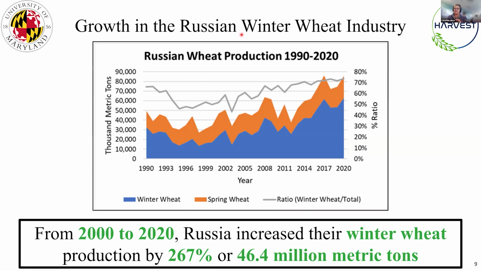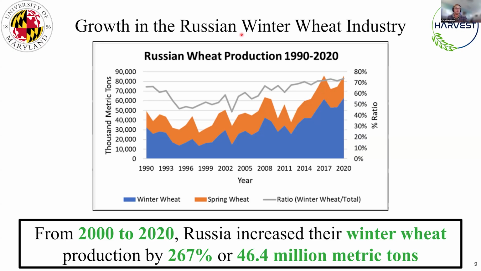That is an insane amount of growth, right? Most countries over 20 years, 30 years, with the advent of new technologies and all that kind of stuff, see 10, 20, 30%. That's pretty significant, but 267% is an insane number.